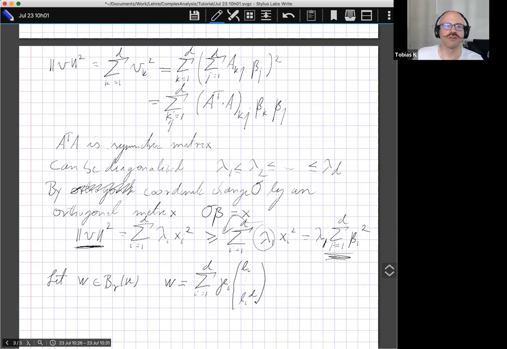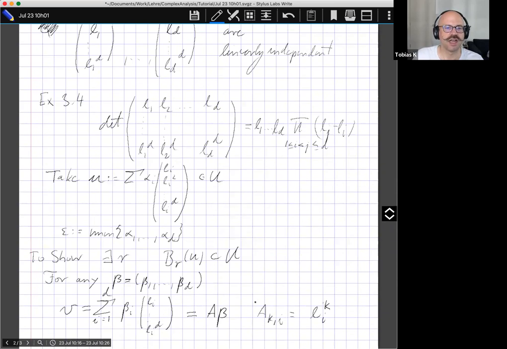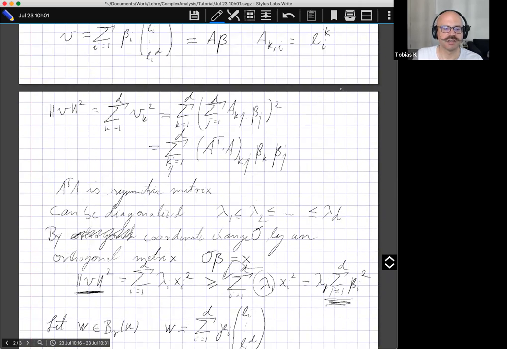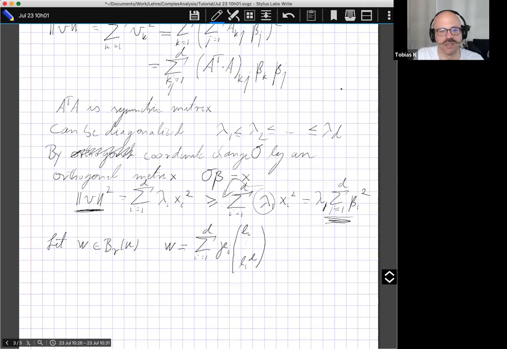Because I showed before that these vectors are linearly independent, and so any vector can be written in this form. So now I want to show that W is in U.